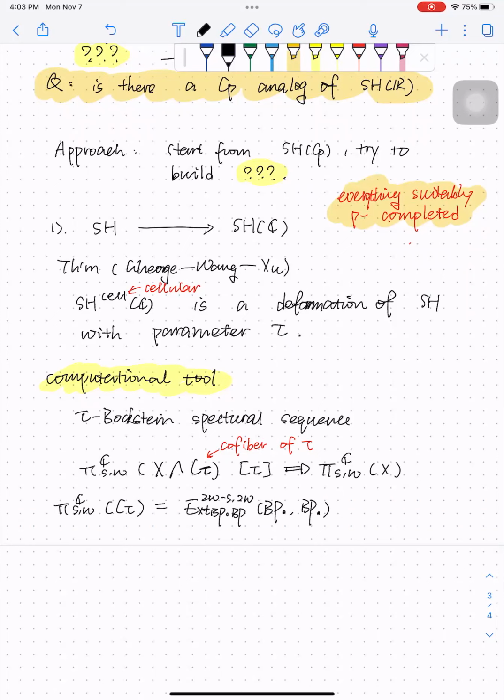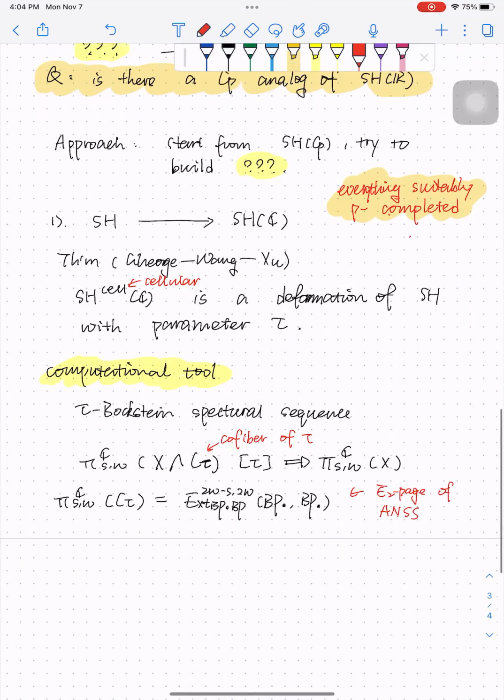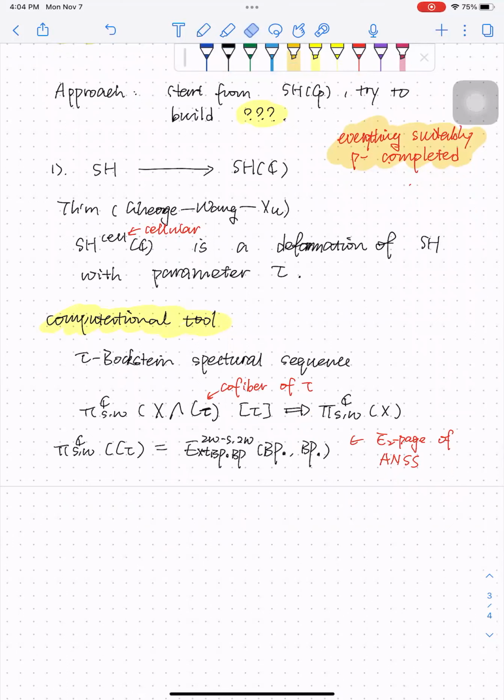And I just want to remark here that this is the E2 page of the Adams-Novikov spectral sequence. I think I should write down the full name: Adams-Novikov spectral sequence.